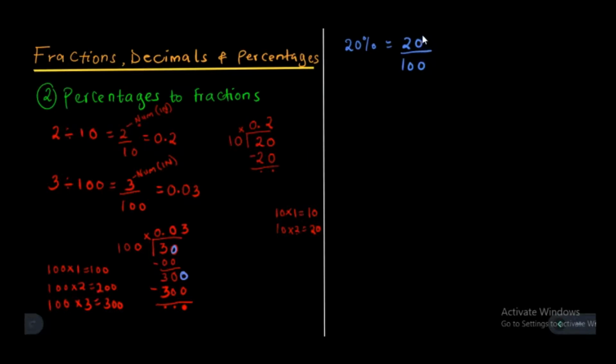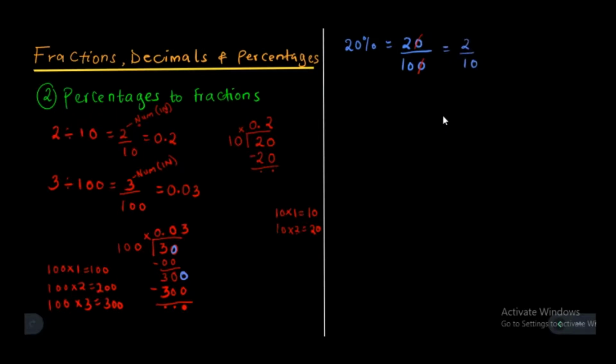One 0 cancels one 0 at the bottom. If we had 2 zeros at the top, they'd cancel 2 zeros, but in this case we have 1 zero, so it cancels only 1 zero. So what we'll have remaining is 2 over 10.